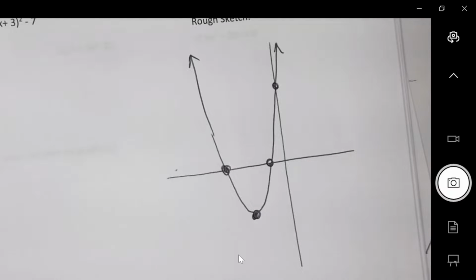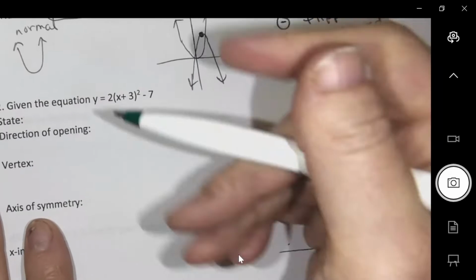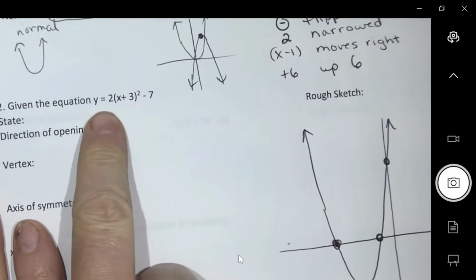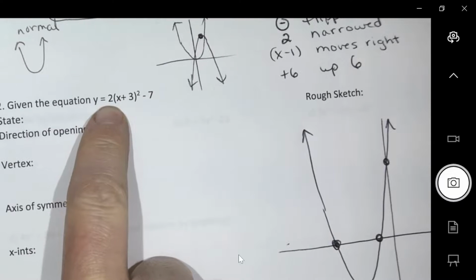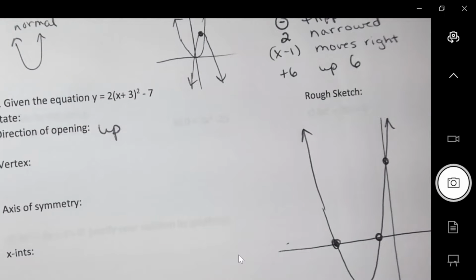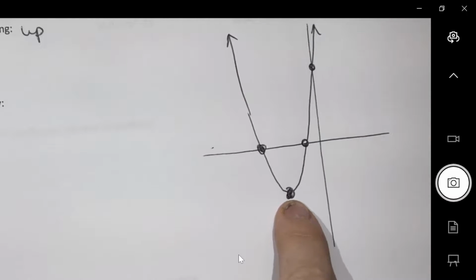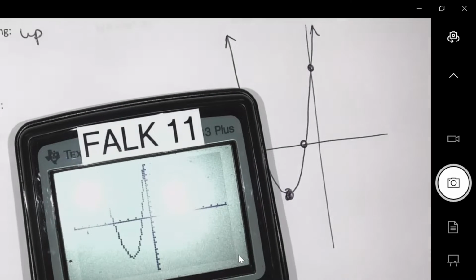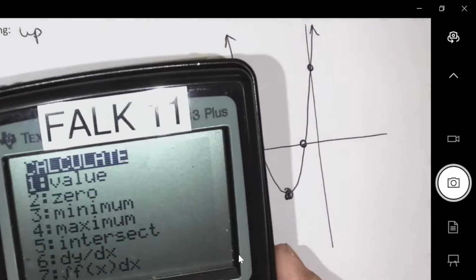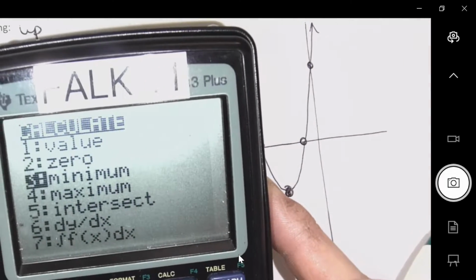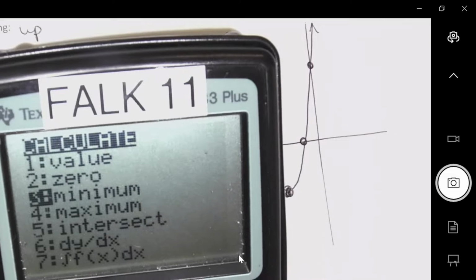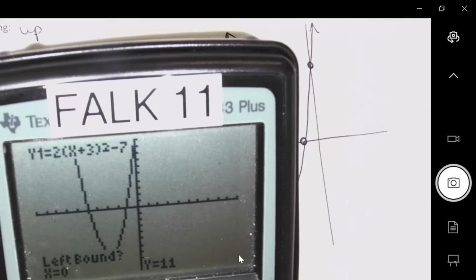Okay, so direction of opening, it is opening up. And that's because it's a 2, not a -2. Vertex. So this point is on the bottom. So how do we find it? Second, calculate, the minimum, the lowest, the minimum.